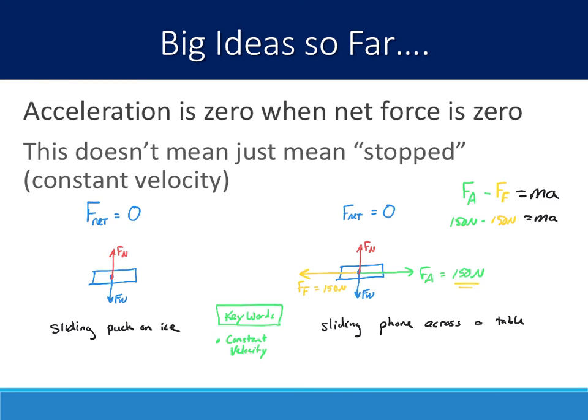That net force is equal to 0. So that is another way of solving some of these net force type equations, is remembering that it's not stopped necessarily. It could have a constant velocity, and that's when the forces are balanced out.